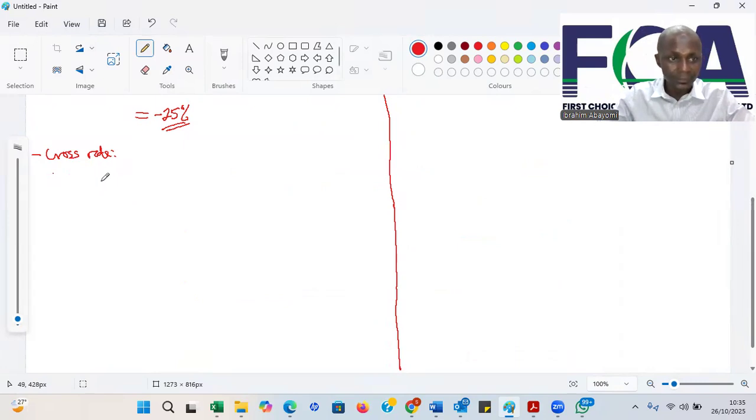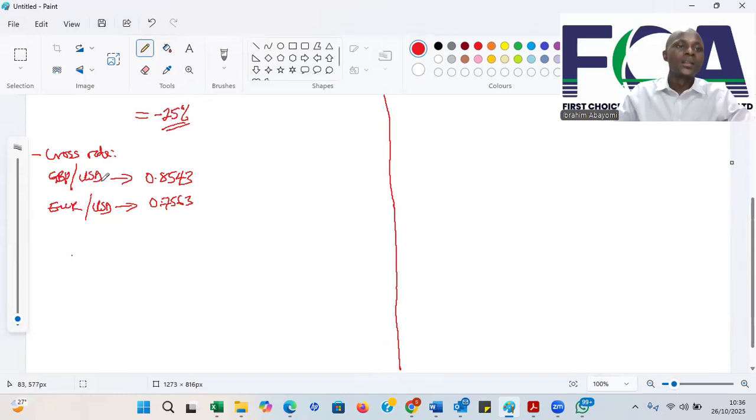Let's say we have GBP to USD to be 0.8543, and I have EUR to USD to be 0.7563.